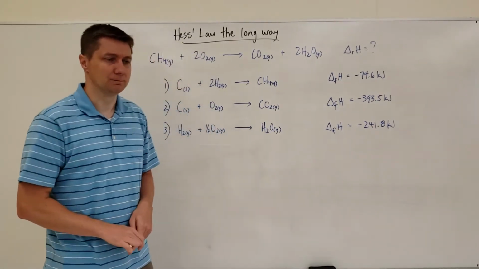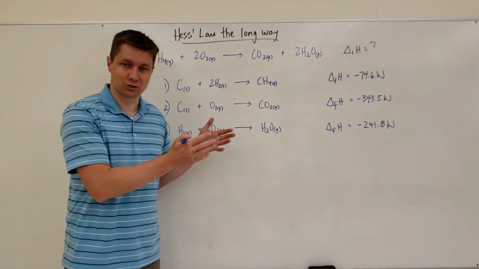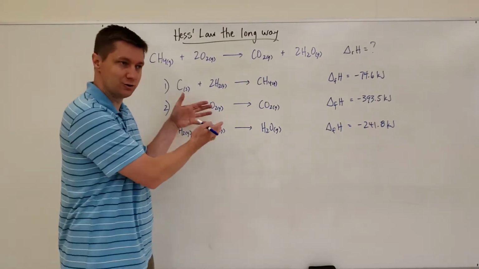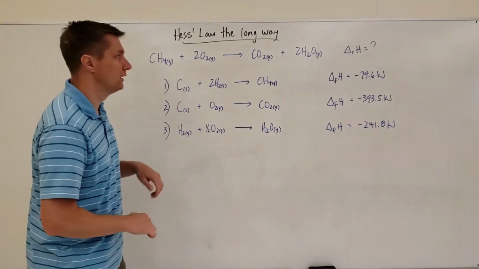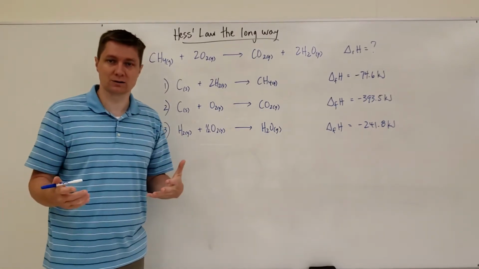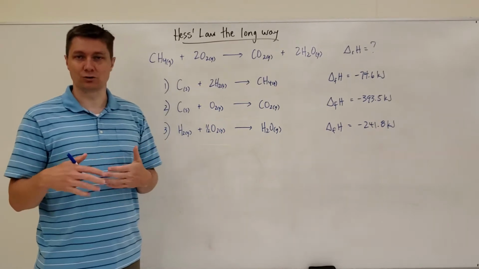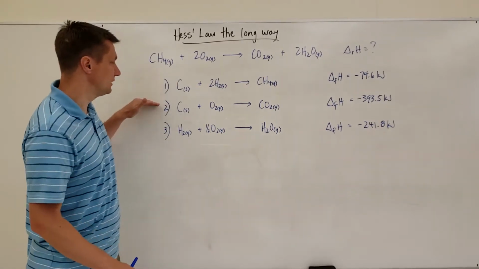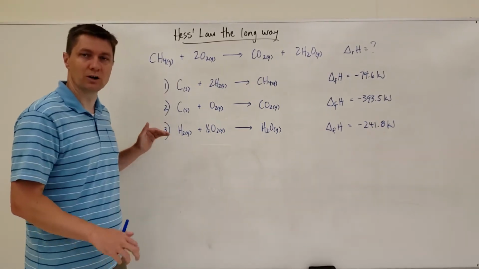The analogy I like to draw from that to this example is that this reaction right here is the picture on the box. This is what we have to try and rebuild using these smaller puzzle pieces.